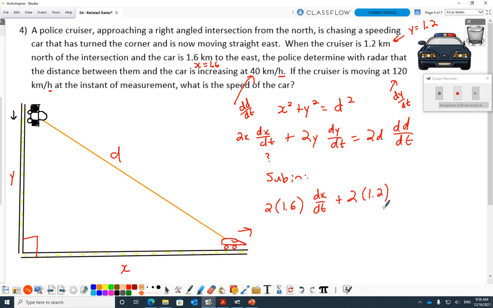Yeah, it's definitely 120 kilometers per hour. So, negative. Oh no, how am I supposed to know it's negative? It's making y get smaller. It's not a perfect explanation, but it'll do for now.